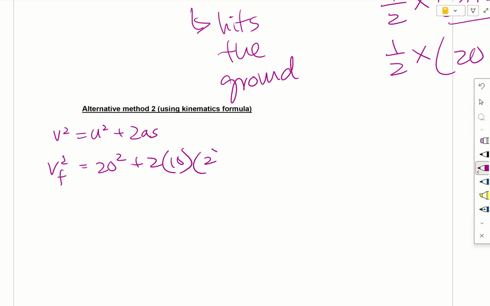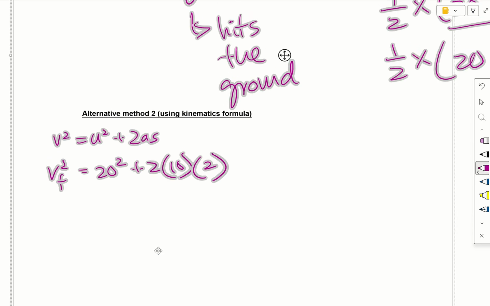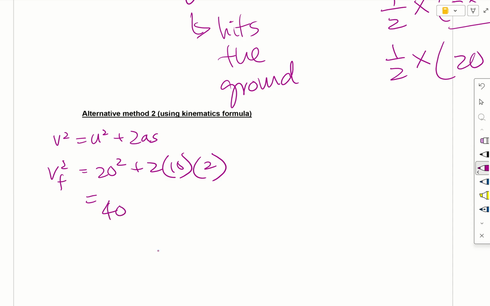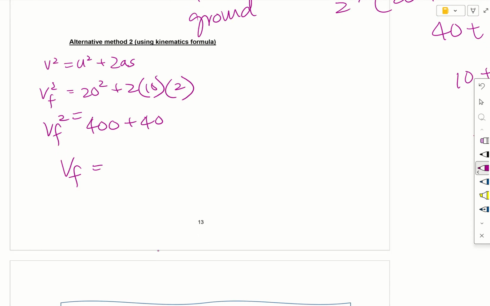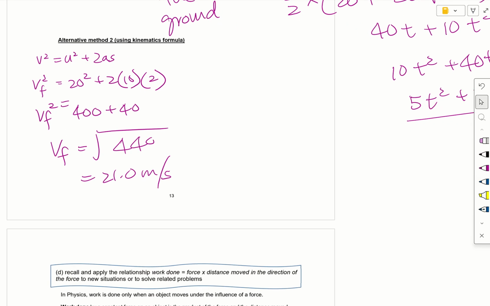Distance traveled is 2. So it will be equals to 400 plus 40. So this is our final velocity squared, and therefore vf equals, you square root both sides, 440. You should also get 21.0 meters per second. Okay, so this is an alternative method.